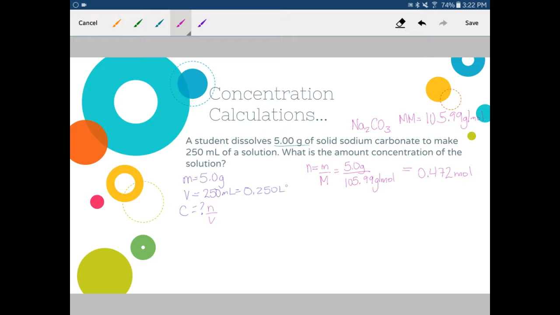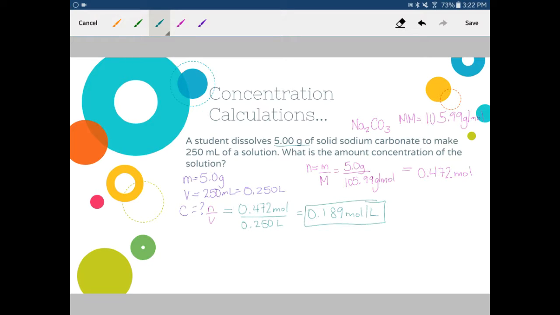Now that I've solved for my moles, I can plug in my moles and my volume: 0.472 moles divided by 0.250 liters. This gives me an answer of 0.189 moles per liter.